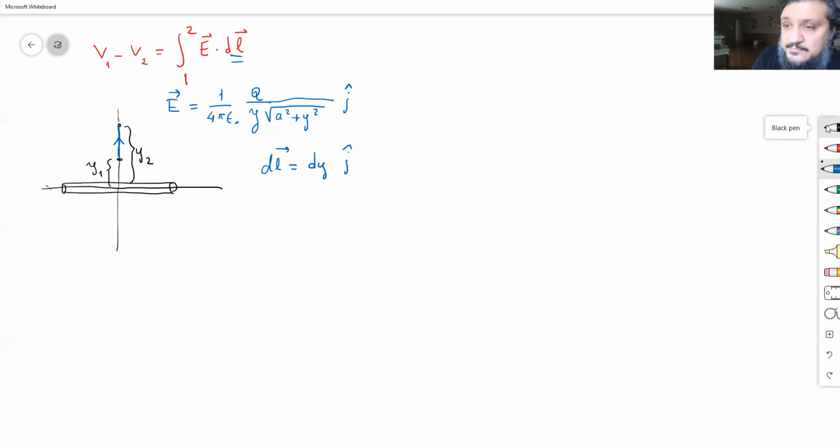So this integral, let's take q out of the integral, q over 4 pi epsilon 0, the integral from y1 to y2 of dy divided by y times the square root of a squared plus y squared.